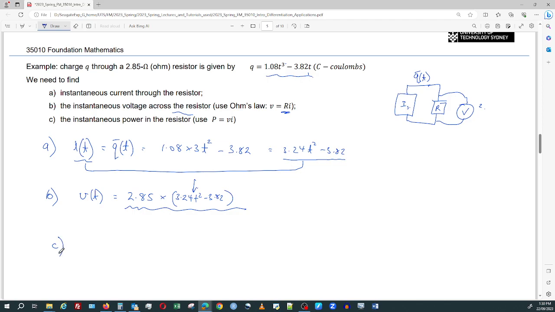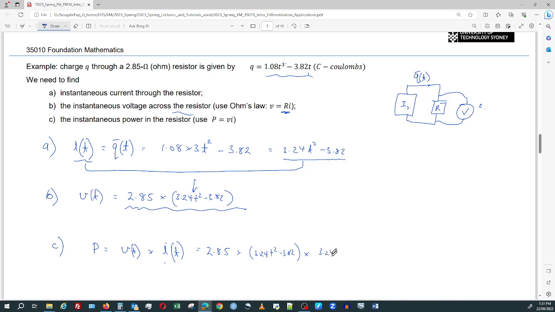Now what about the power? So the power will be the voltage multiplied by the current. You can see what's going to happen. 2.85 times this one times this one, which is already that one.